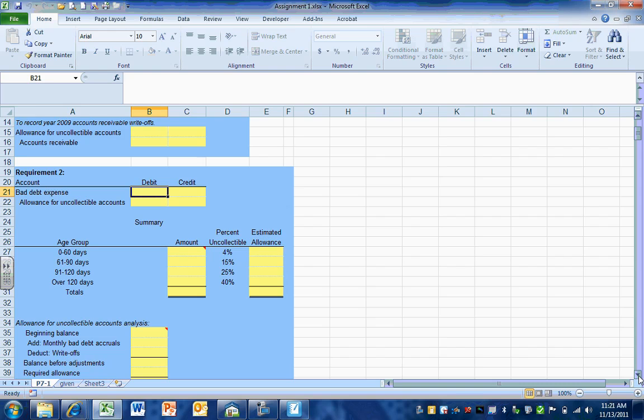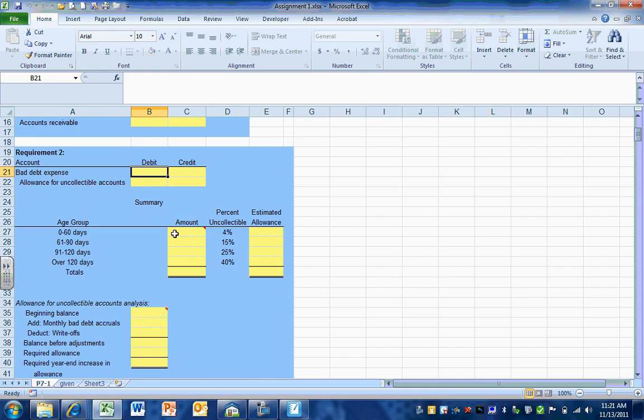Before you can do part 2, the entry, you have to complete the worksheet. The worksheet that backs up the entry consists of this aging report. So you'll take the amount in each of these accounts that's given, multiply it by the uncollectible percentage, and come up with the estimated allowance. Then you're going to take the beginning balance for the uncollectible accounts from January 1 of 2011.